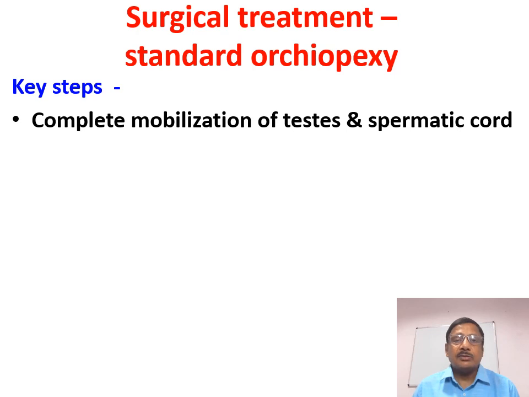You have to cut skin, subcutaneous tissue, the fascia, and then you will open up the inguinal canal, divide the covering of the spermatic cord, and once you have divided the covering, you will come across the sac, you will divide the sac and then you will mobilize the spermatic cord and testis completely. That is very important. If you do not mobilize it, you will not be able to get proper length.